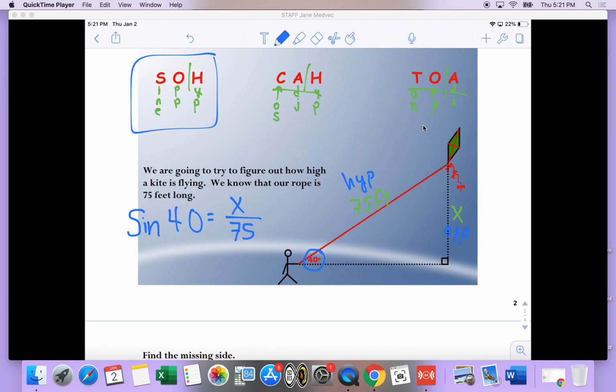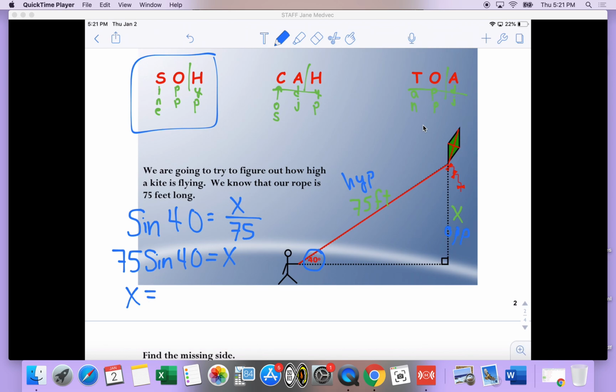Then we solve this like we did before. I want to get x by itself, so I'm going to multiply both sides by 75. So 75 sine 40 equals x.